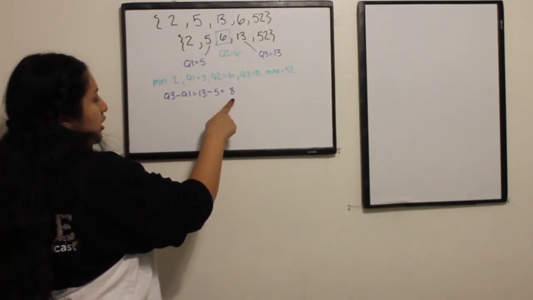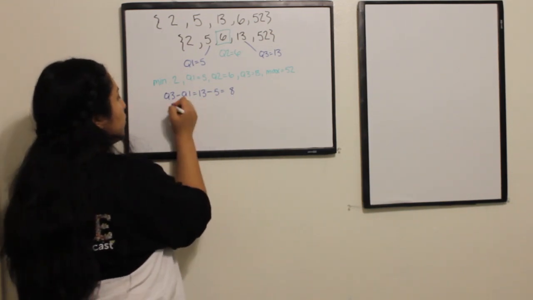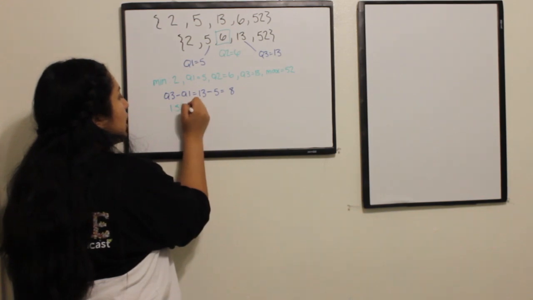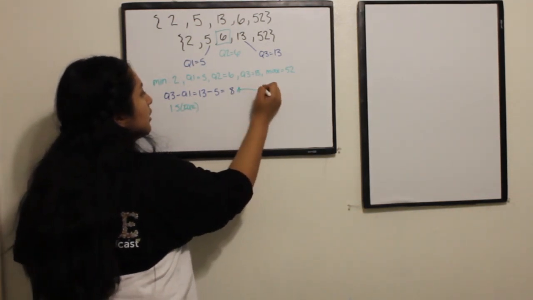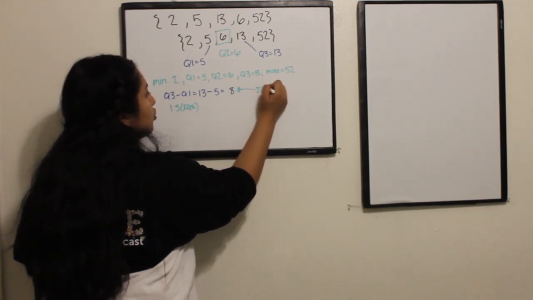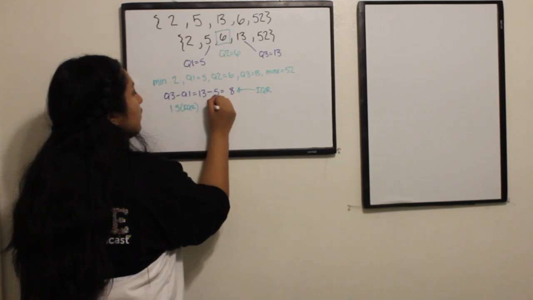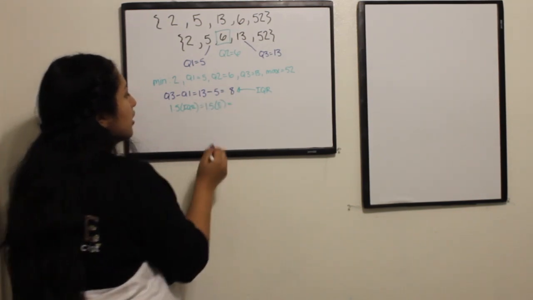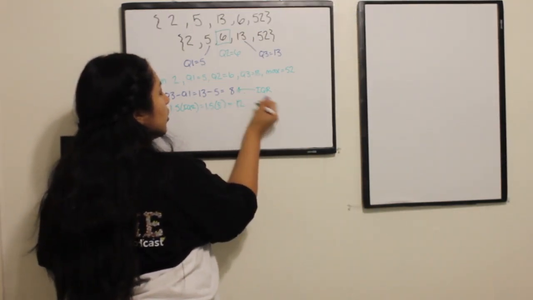Once we have this number, we're going to multiply our 8 by 1.5. So 1.5 times our IQR. This is our IQR. So we're going to do 1.5 times 8. This will equal 12.